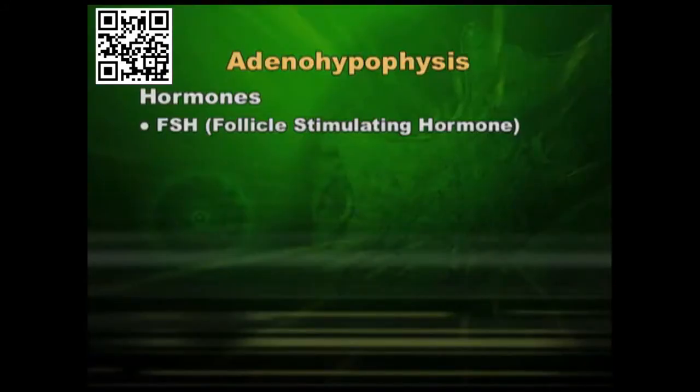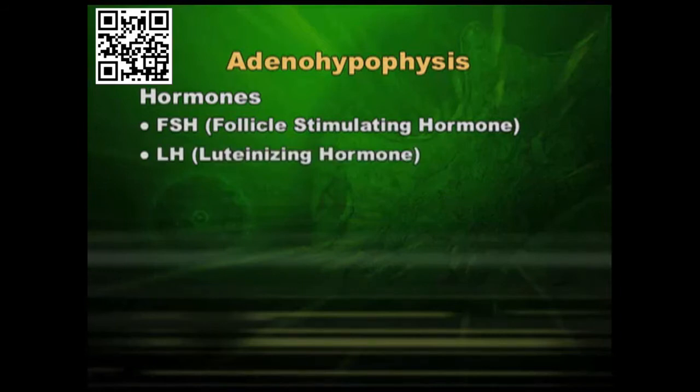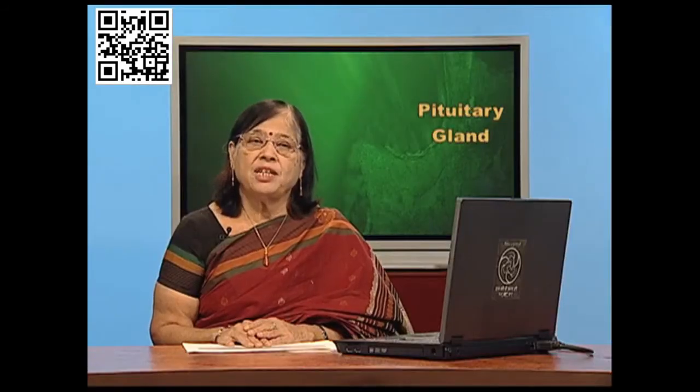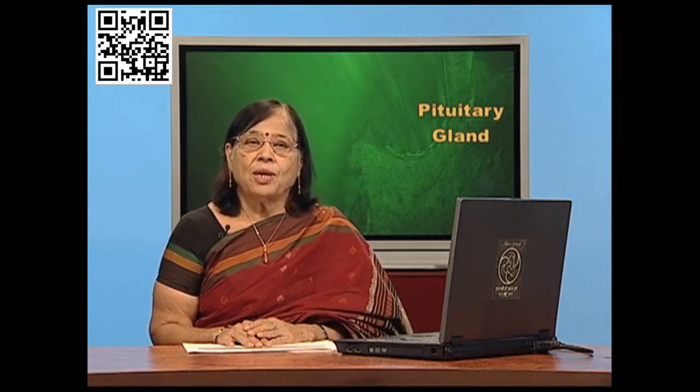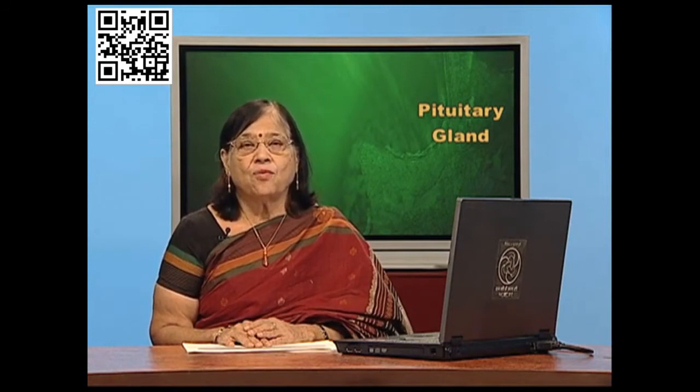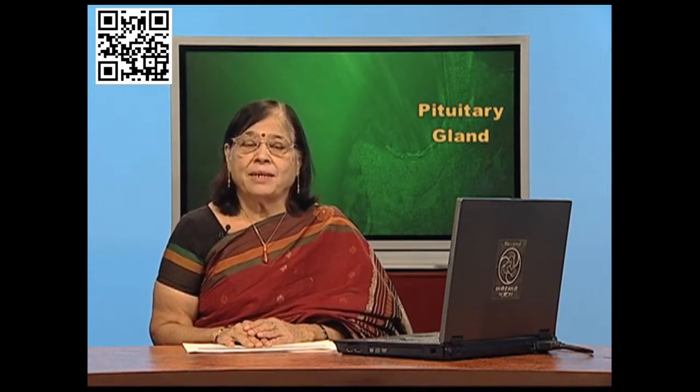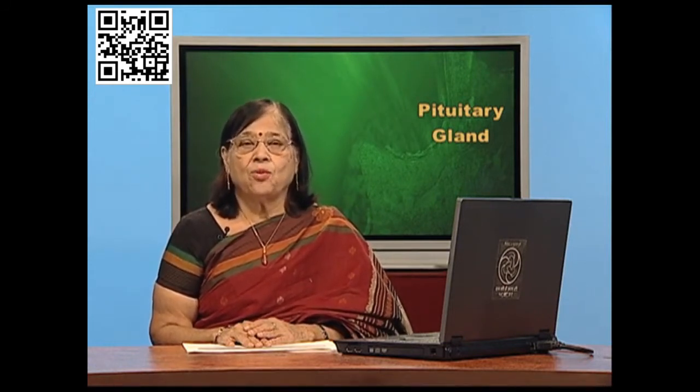The next important hormone coming out from the anterior pituitary is LH, luteinizing hormone. It causes luteinization in female. Luteinization is another word for ovulation. So LH is the ovulating hormone, but in men there is no ovulation.